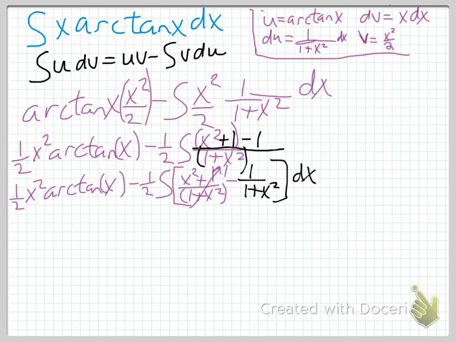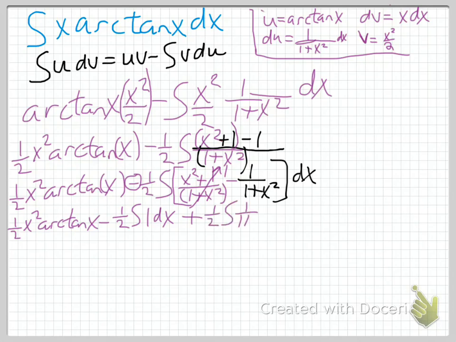So we're going to split that up into two separate integrals, and we would still have our 1/2 x squared arctan of x, and then we have minus 1/2 the integral of 1 dx, and then we still have our minus 1/2, but if we distribute it to that other minus, we end up with a plus 1/2 integral of 1 over 1 plus x squared dx.